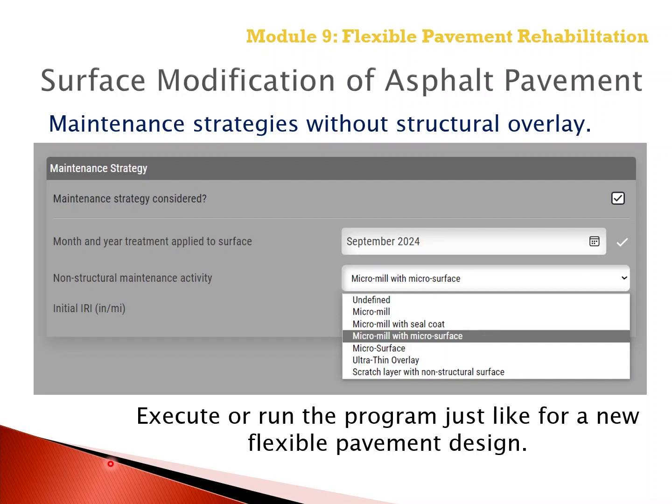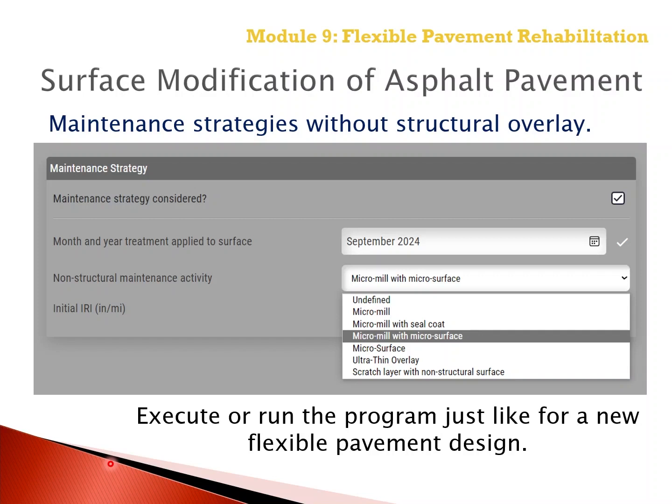So that is one suggested way for flexible pavements that are found to be structurally adequate and have very little distress other than maybe surface distresses confined to the surface.